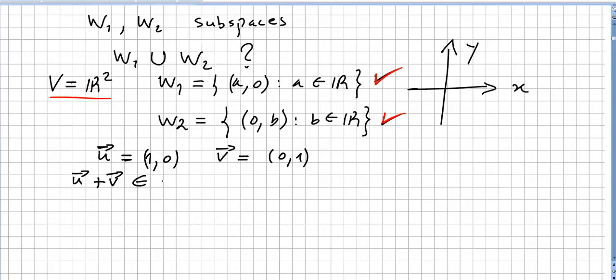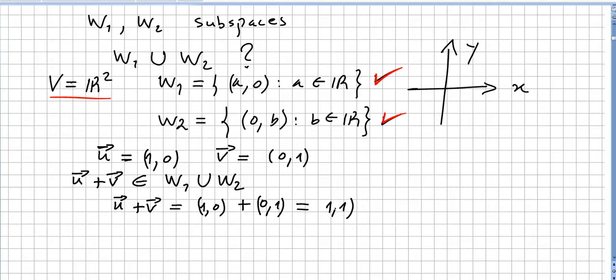So each of them is in the union of W1 and W2. But U plus V is (1, 0) plus (0, 1), and that means it is (1, 1). Okay?